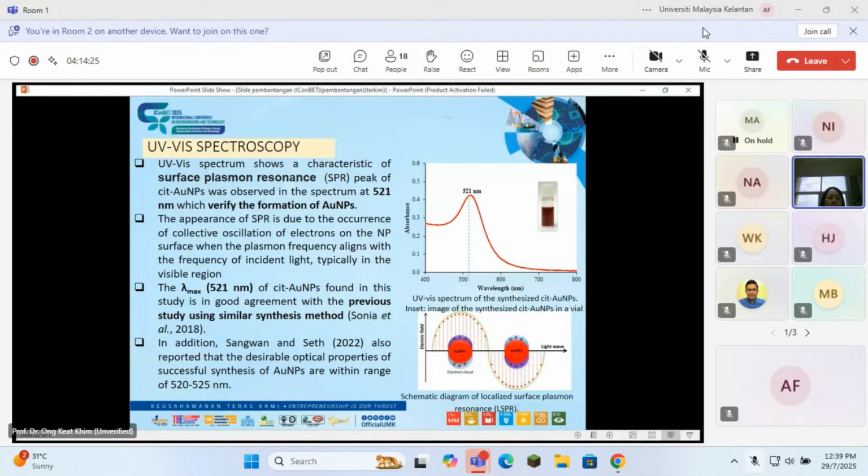In fact, this lambda max is similar to a previous study using a similar synthesis method. Other previous studies also reported that citrate gold nanoparticles normally have a lambda max within 520 to 525 nanometer. So from this result, we can say that we have successfully synthesized the citrate gold nanoparticles.